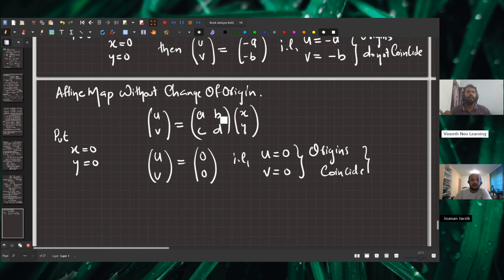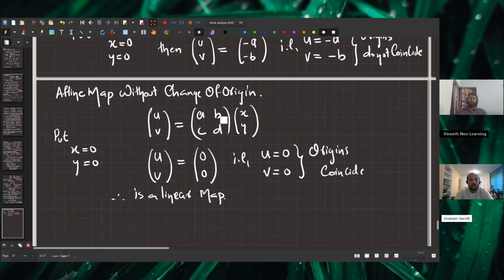Therefore this is a linear map. That is a very interesting idea, right? Yes. When we perform a change of origin, that affine transformation is no longer linear. All the other affine transformations are linear maps; they can be performed by a matrix multiplication. But a change of origin can never be achieved through a matrix multiplication. We have to add vectors.